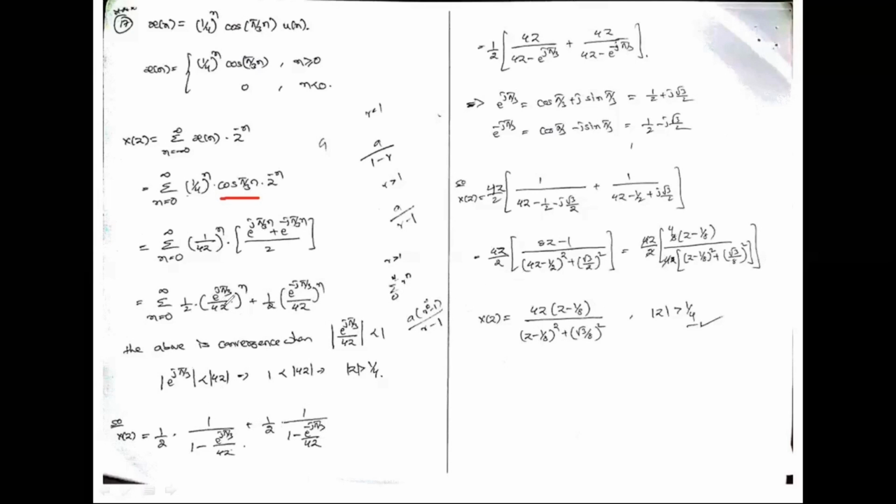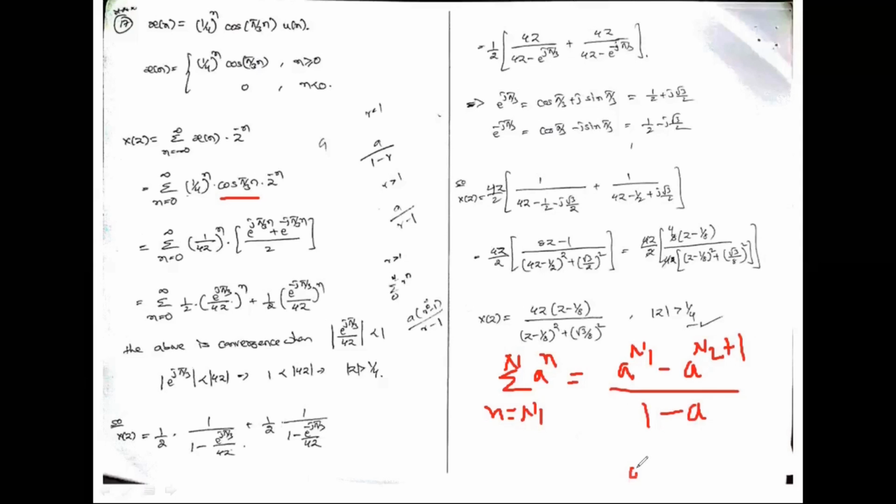To converge this function, the magnitude of a is less than 1, because the sum of n is equal to n1 to n2 of a power n is equal to a power n1 minus a power n2 plus 1, by 1 minus a.